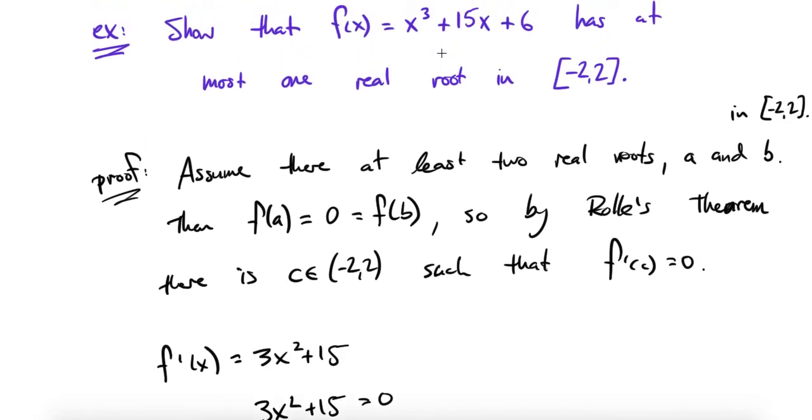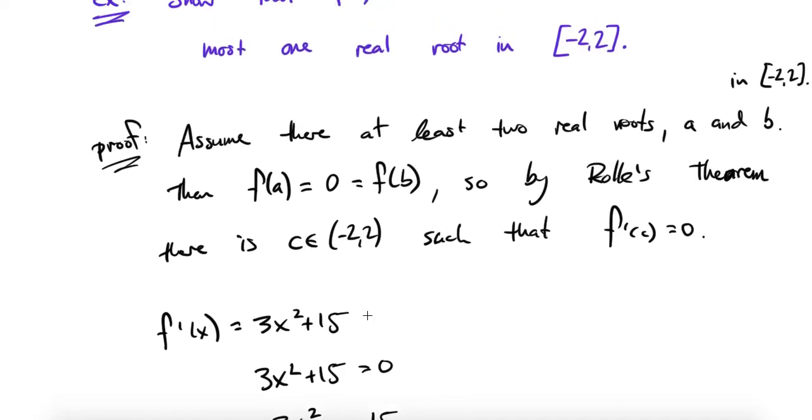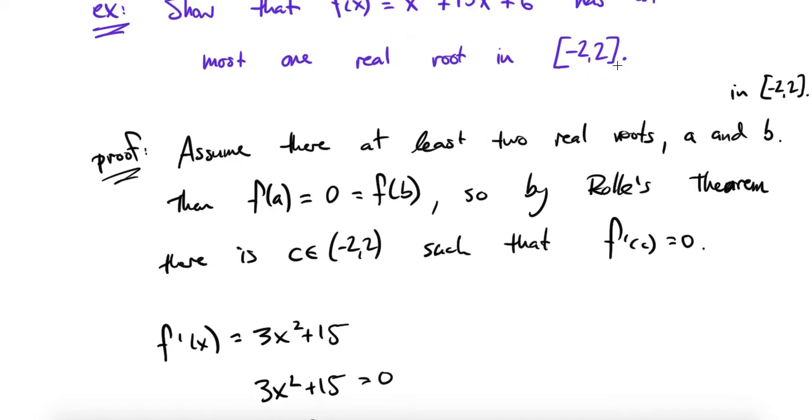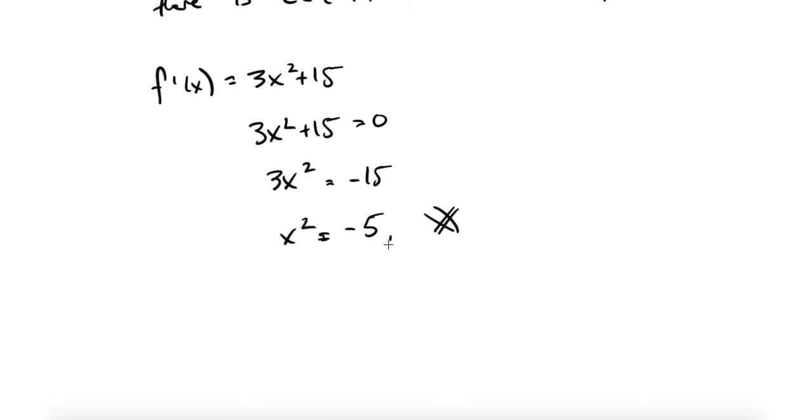So here, I'm trying to show there's at most one real root in here, so I assume there's 2, which tells me that there ought to be a place where the derivative is 0, but it turns out that this derivative is actually never 0. So this would be true even if I didn't have this -2 to 2 slapped on here, right? There's no way that there are 2 real roots to this function at all, because when I take the derivative, there's no place where the derivative is equal to 0. So this is a contradiction.